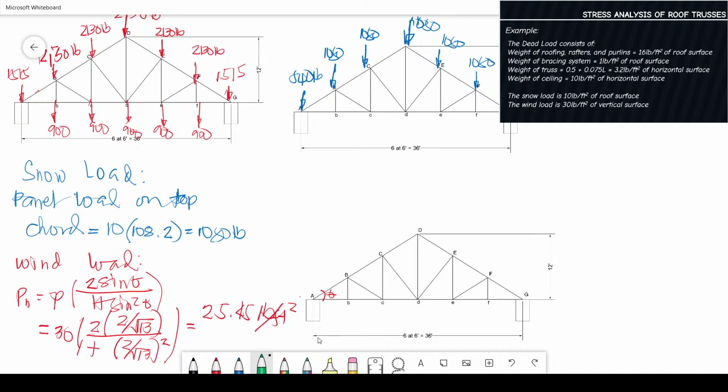Okay? So our Pn, again using our area, is 2,750.